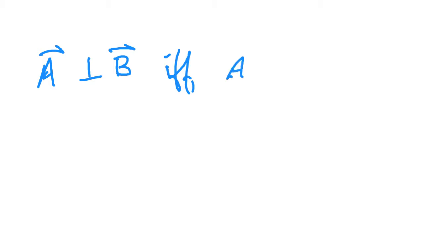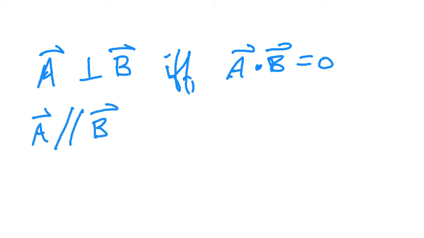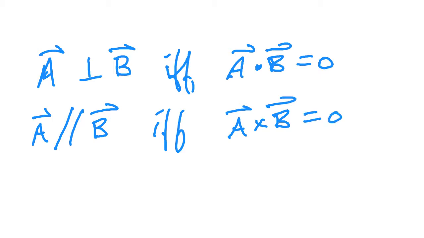The dot product equals 0, right? And that 0 is a constant. Now we have another result. A vector is parallel to b vector if and only if the cross product equals 0 vector. Okay, so these are two nice results that we have.